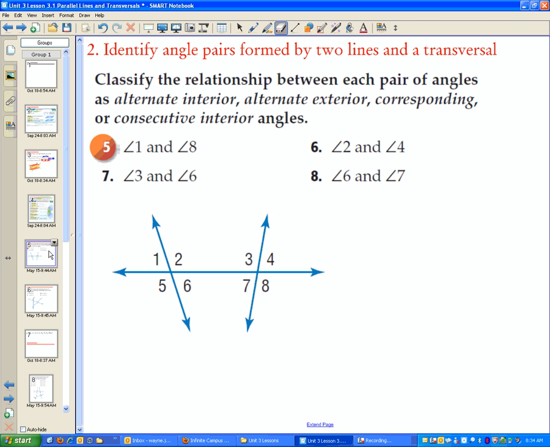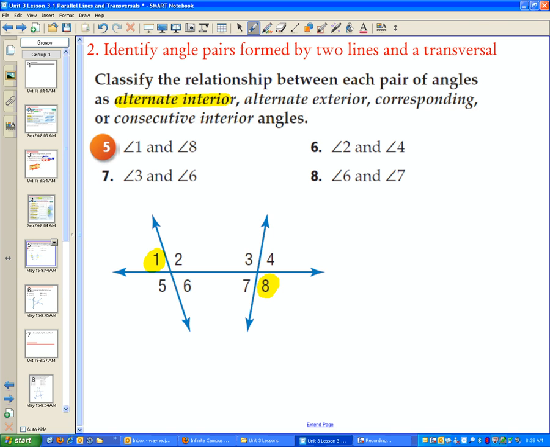Page 173 again. Classify the relationship between each pair of angles as alternate interior, alternate exterior, corresponding, or consecutive interior angles. Number 5. We have angle 1 and angle 8. So let's just go through the list.